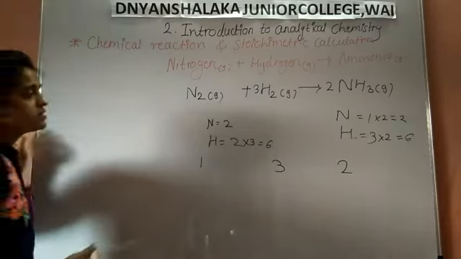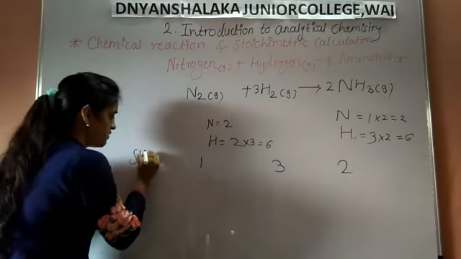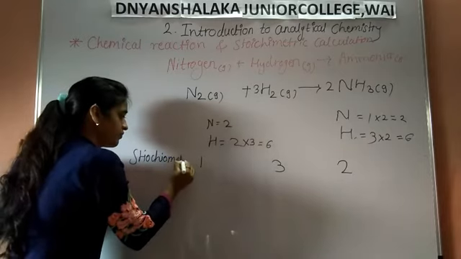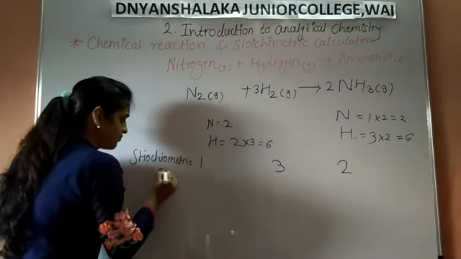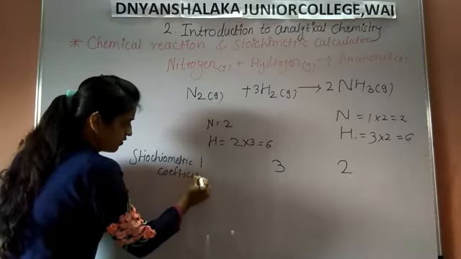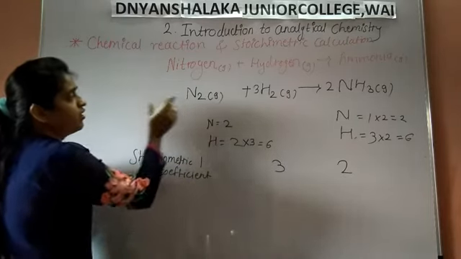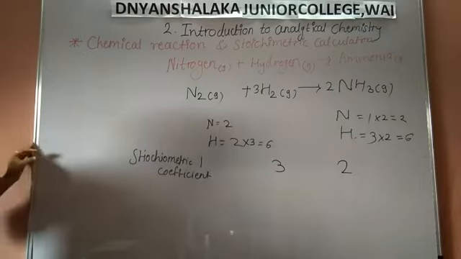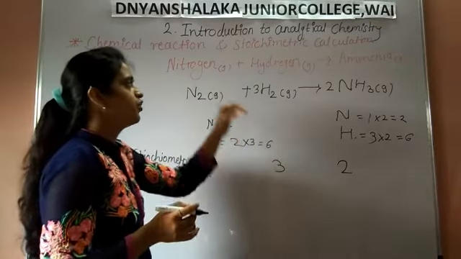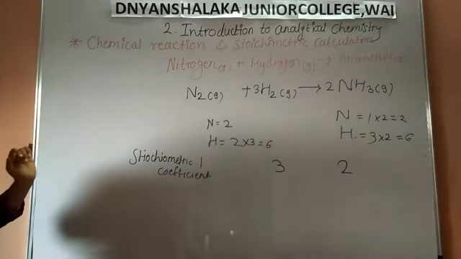These are the stoichiometric coefficients we use for a balanced chemical equation: 1, 3, 2.